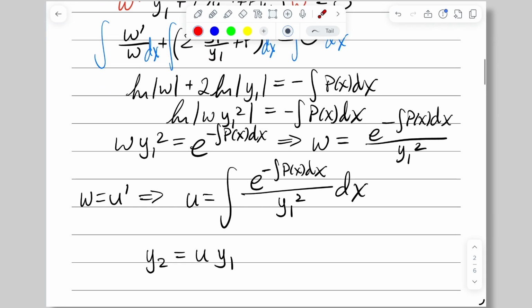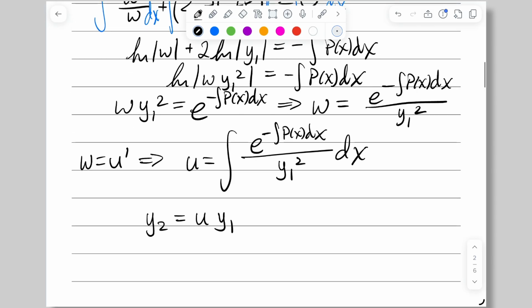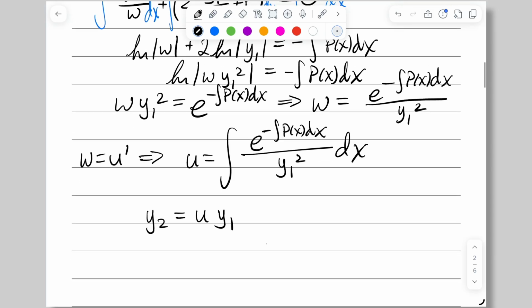Now, a note about a couple of things. Number one, there's this constant of integration that we didn't bother with, and there's the absolute value of w that just kind of disappeared. Remember that y, the solution, is going to be a superposition, a constant c1 times y1 plus a constant c2 times y2. y2 is this thing that we've just gone through this process to find.